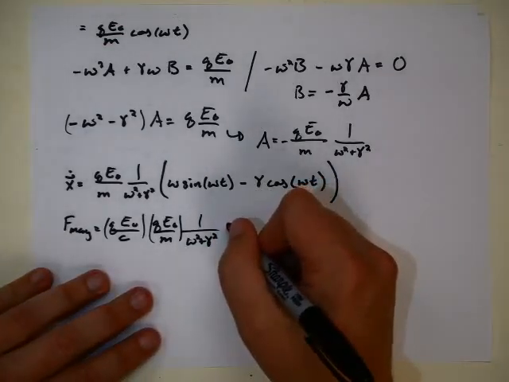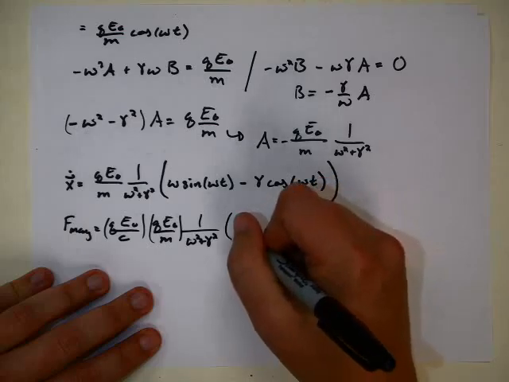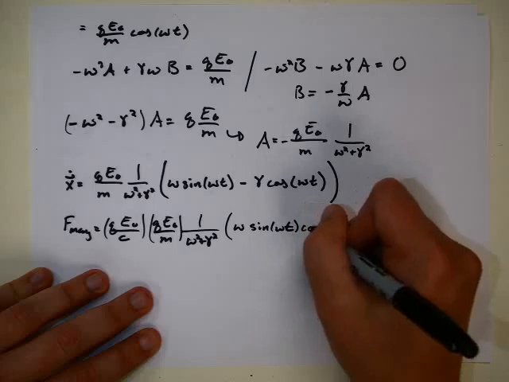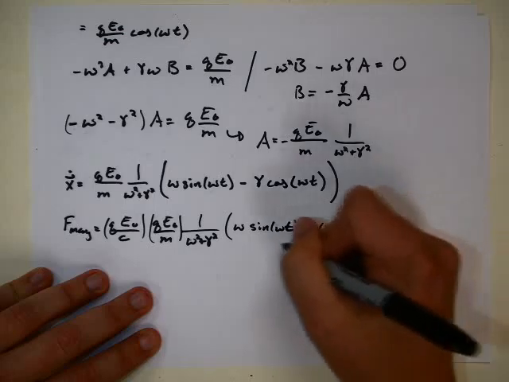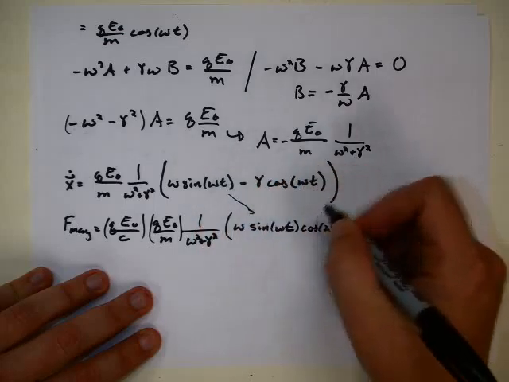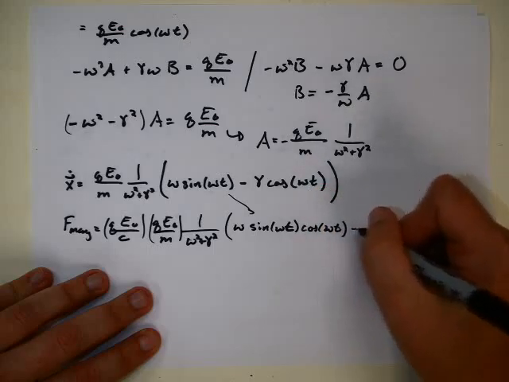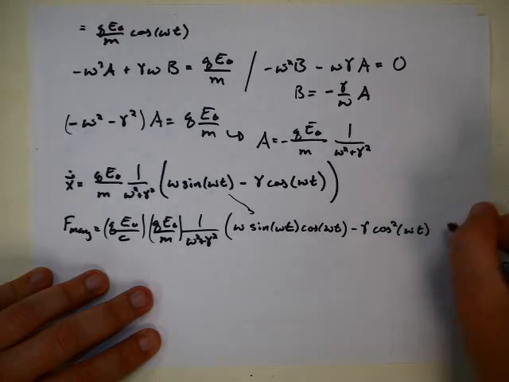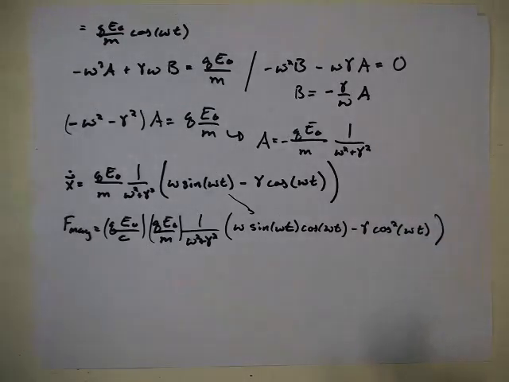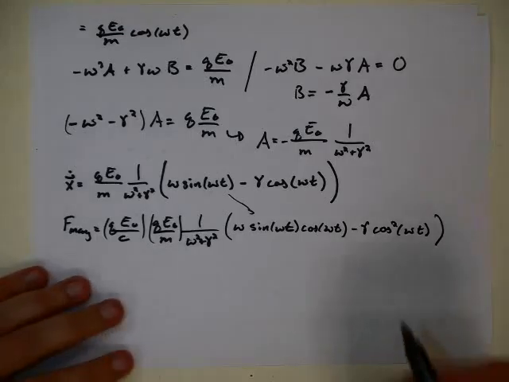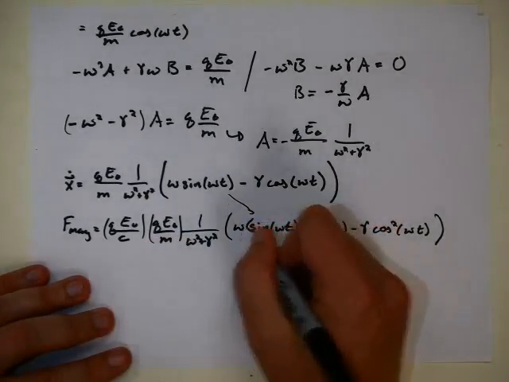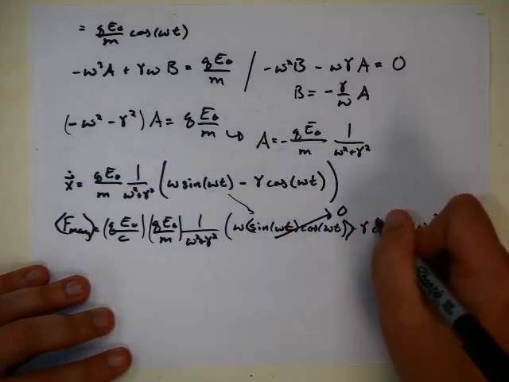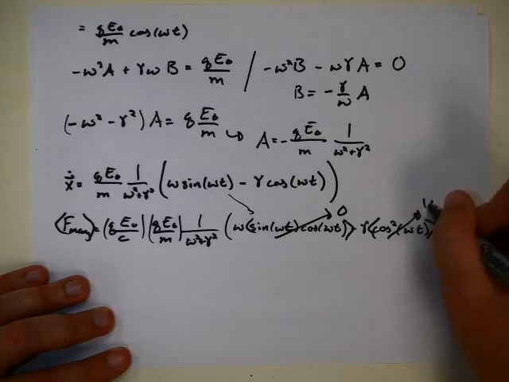And now we have something interesting: we are going to have omega sine of omega t cosine of omega t, the sine from the x, the cosine from the magnetic field, minus gamma cosine squared of omega t. Now when we take the time average, this goes to 0, but the time average of cosine squared is a half.